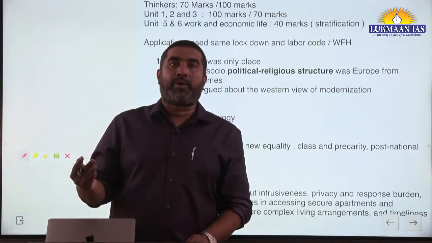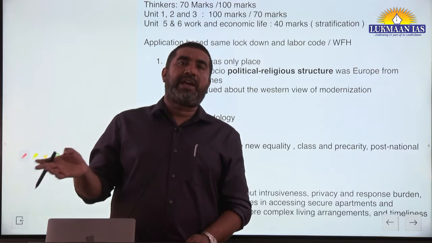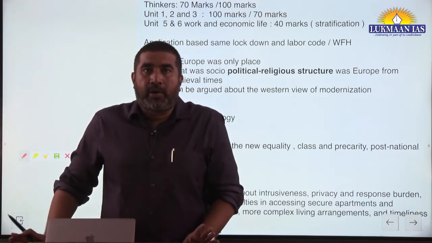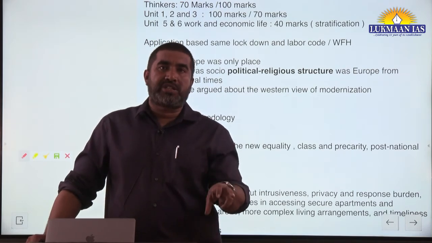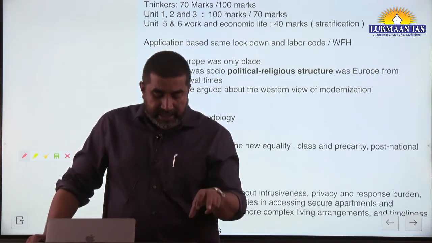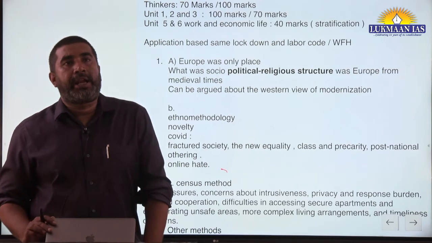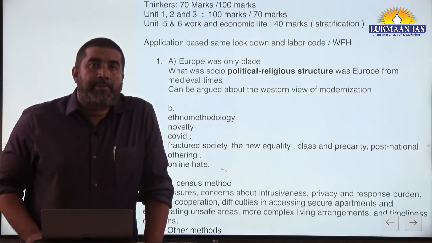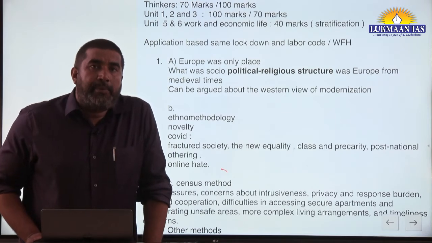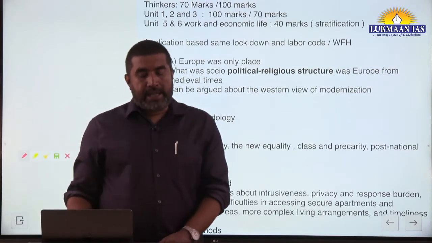So just think about it. At least give 5 or 10-15 minutes to the newspaper, so that you can read the news in a sociological perspective. And it is very important that you find your example from the newspaper, so that a certain amount of novelty can be introduced in your answer.